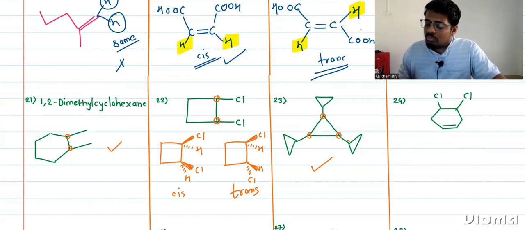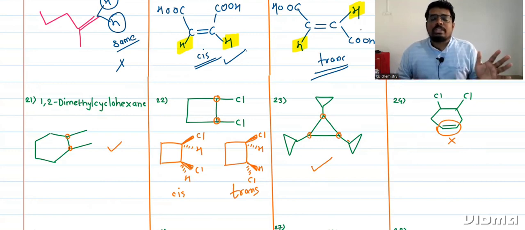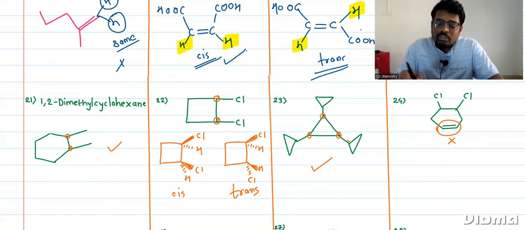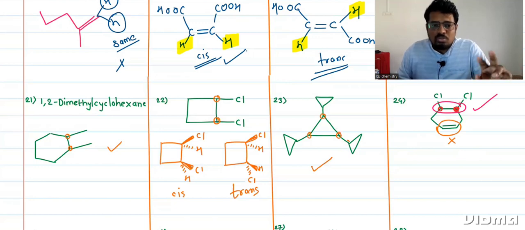Next, the 24th. In the 24th, around the carbon-carbon double bond there are no geometrical isomers, because we know that in a cyclic system up to 7-membered rings, cycloalkenes do not show geometrical isomers. But we have to check another condition, that is, sp3 carbon. So one sp3, two sp3. So with two sp3 carbons, yes, this compound shows geometrical isomers.